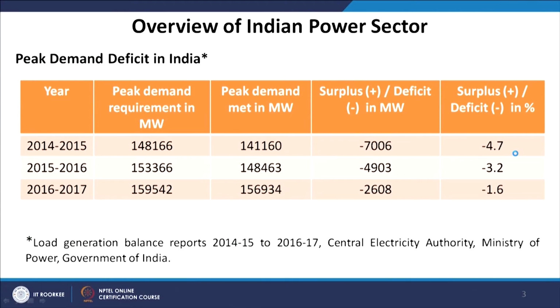Now, looking at the last 3 years of data of Indian utilities, we could see that the peak shortage was close to 5% in 2014-15, reduced to 3% in 15-16, and to 1.6% in 16-17. It is a very clear signal that the government is very aggressive in putting in new generation sources so that we are able to meet the peak very closely. Maybe next year the peak deficit of this country will certainly be 0.